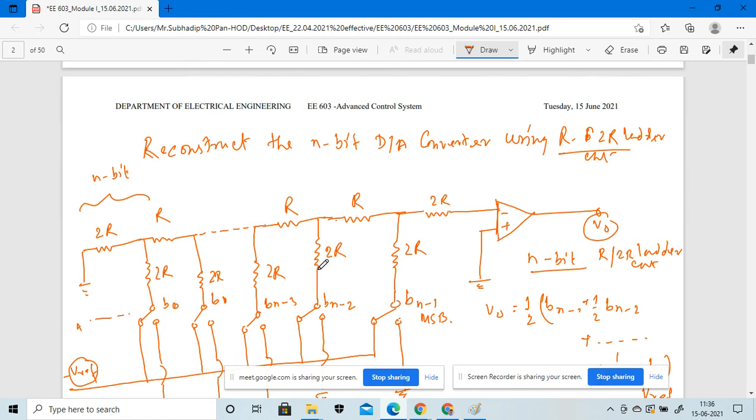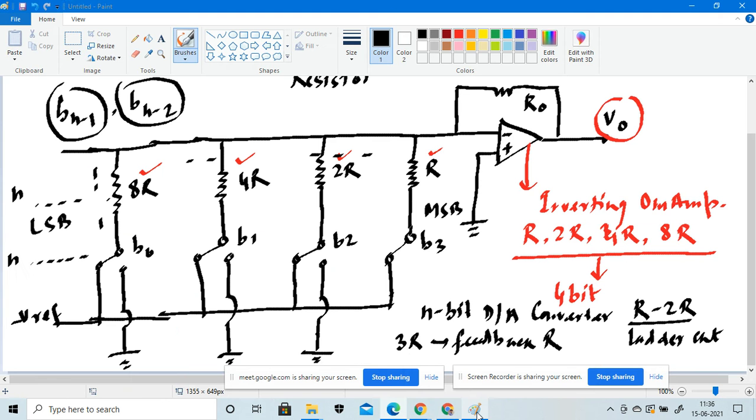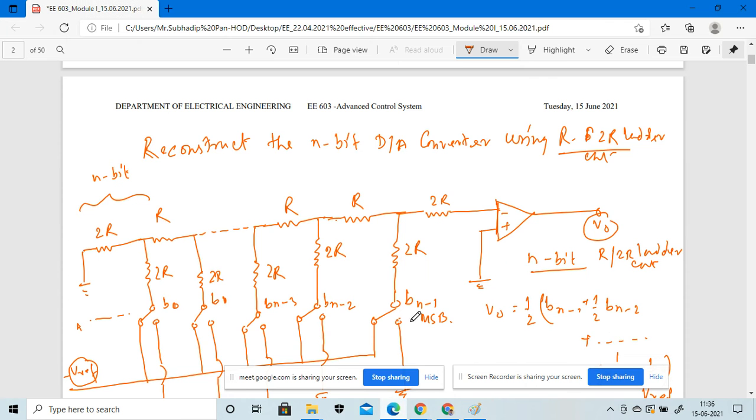ladder circuit. Whereas we can implement in this part, this will be the weighted circuit that will be considered, supposed to be R, 2R, 4R, 8R like that. So in that case we will consider the R-2R ladder circuit. What will be the consideration for that? For that, we will consider again the reconstructional view of the sample and the whole circuit, obviously.